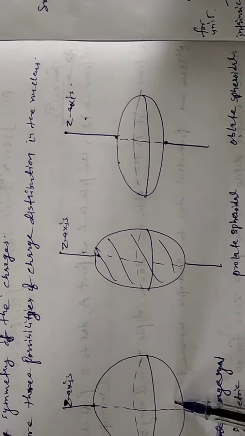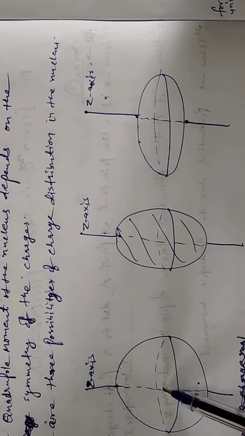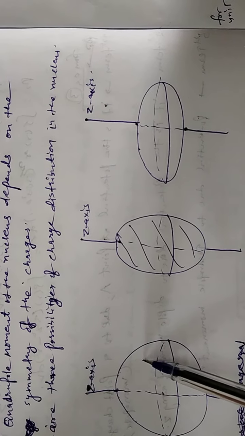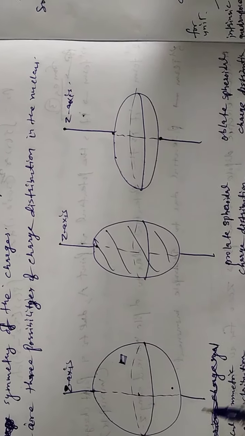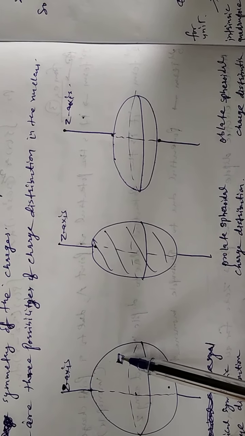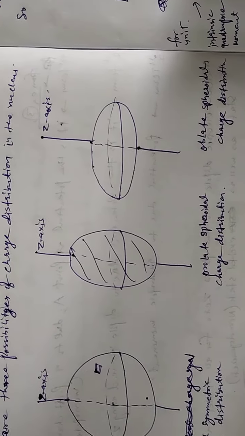Now if the first case holds, and this is the center of the nucleus and here is the volume element, then the distance of this volume element from the center can be written like this.